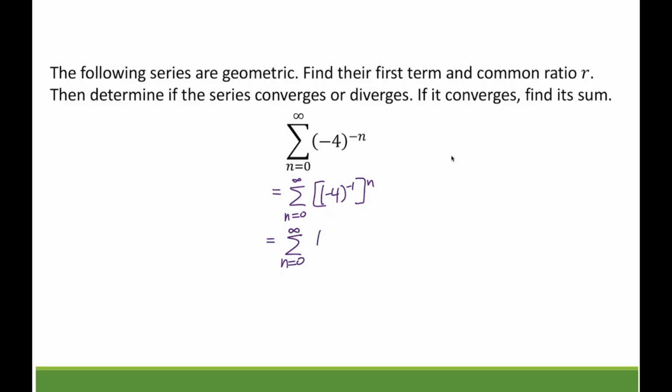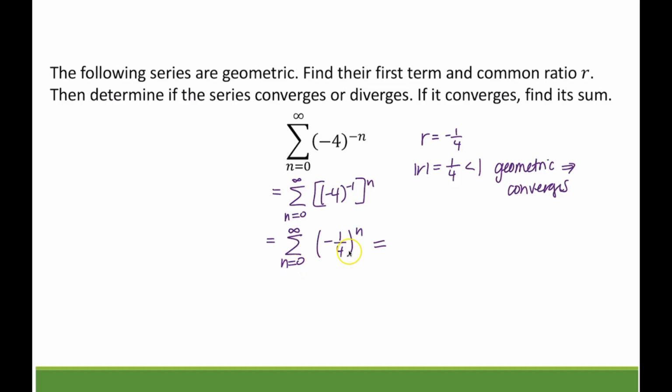So inside here, I have -1/4 to the n. And so r is -1/4, the absolute value of r is 1/4, that is less than 1. So this is geometric, therefore this series does converge, and we can find what it converges to.